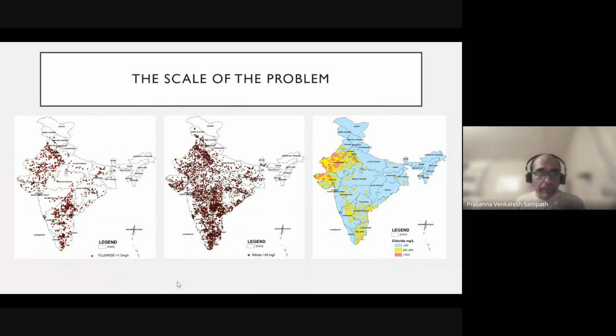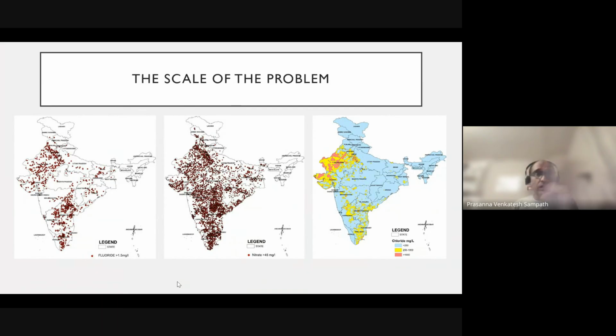So on the left, you have a map showing fluoride contamination. And the dots that are shown, those are the locations where the fluoride contamination has been found greater than 1.5 milligrams per liter, which is the safe limit. Anything less than 1.5 mg per liter is not considered an issue. And then 1.5 and above is said to be a problem, right?